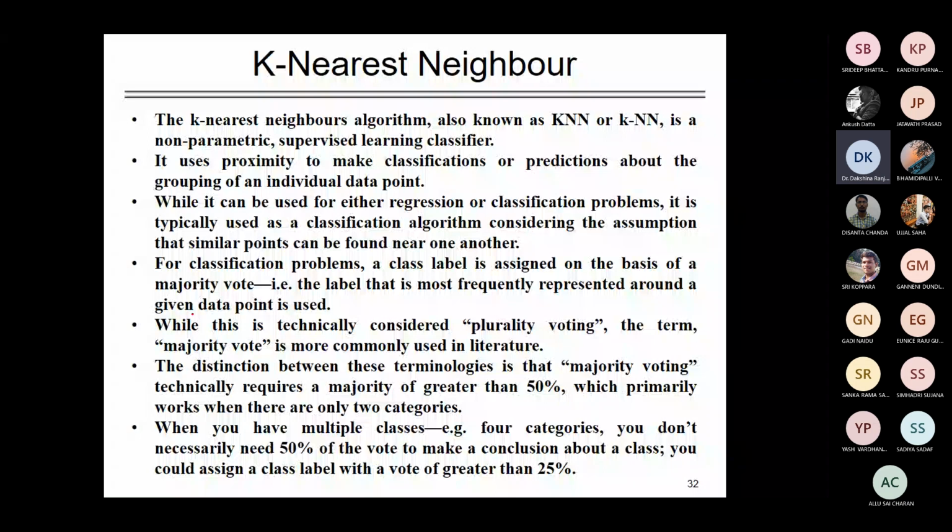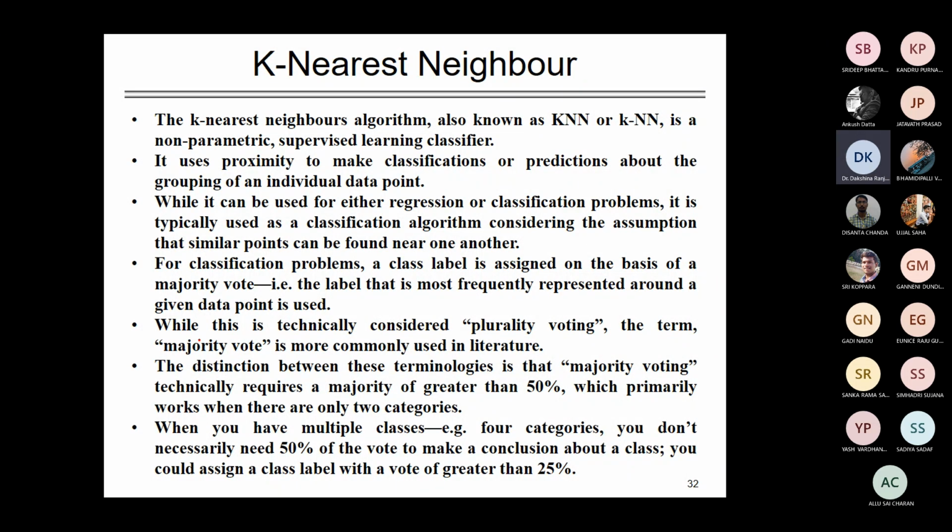Now a query point is given within the data cloud. Then we consider the points which will be found around the query data point. So we will estimate the majority vote, and from that majority vote we can get the class information for the query data point.